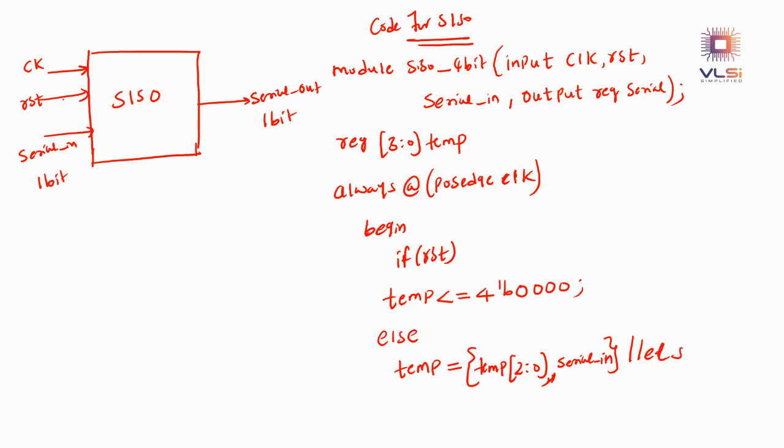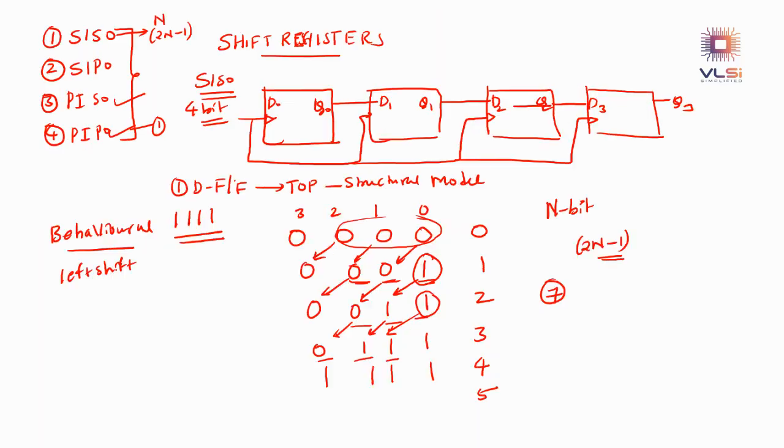Okay, end, and next assign serial out. Where you are taking serial out from: at the last, after you loaded the data, at the 6th clock pulse you are getting the serial out.